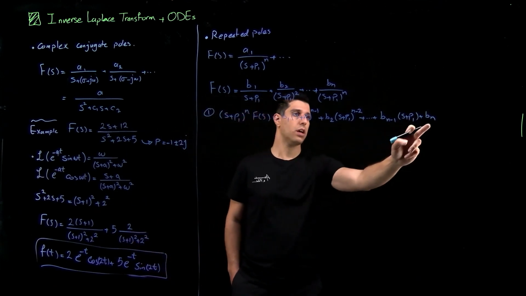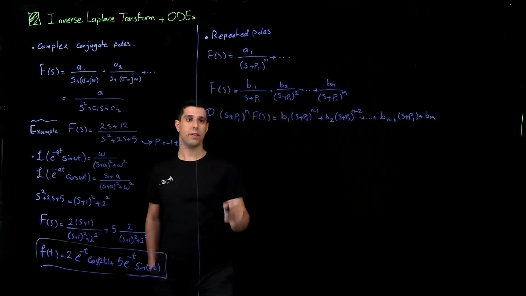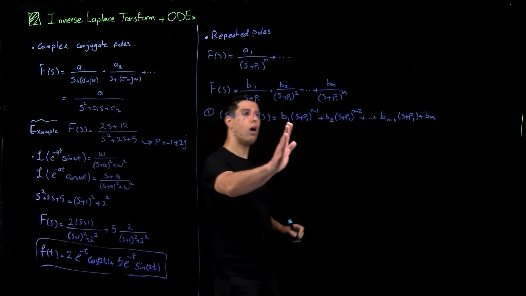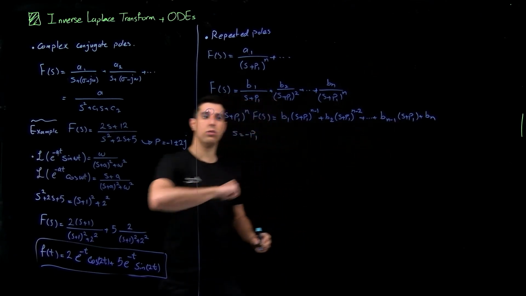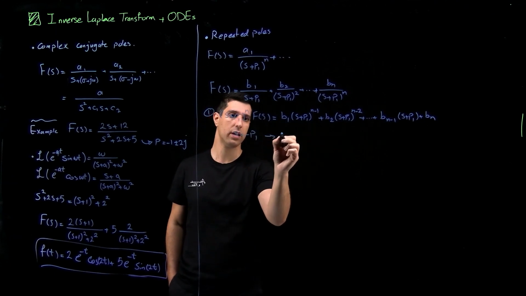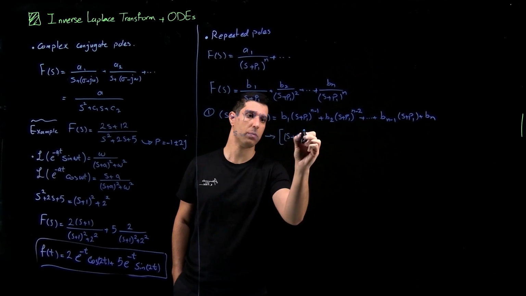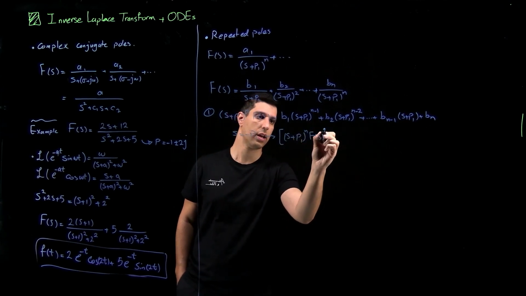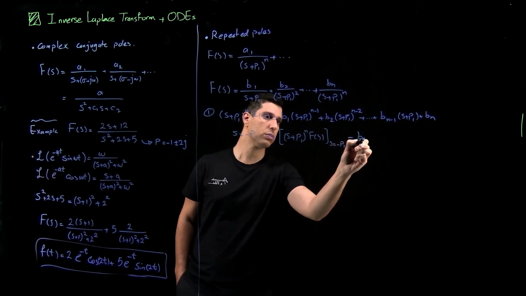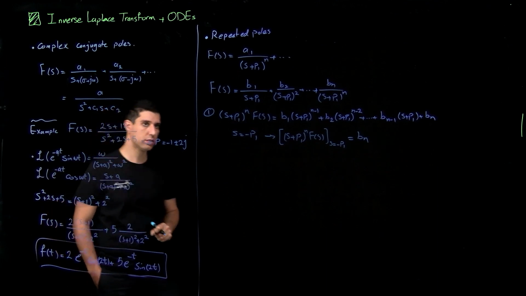The last one is just a number. So if we set s equals minus p1, all of the other terms will be 0, and we can evaluate the left-hand side. So s plus p1 to the power n times f of s, evaluated at s equals minus p1, gives us the last one, bn. So one is out.